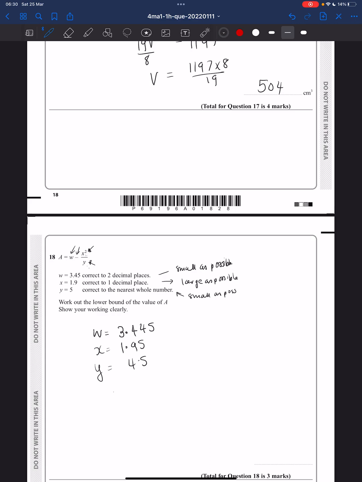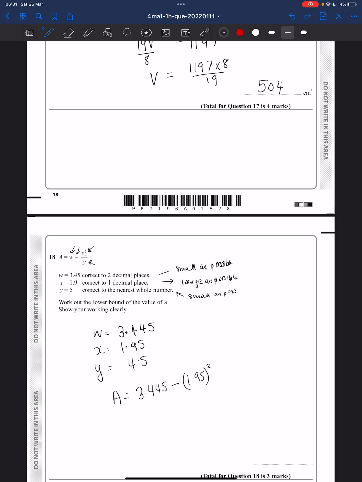Okay, and then the area is, we want, what's it? Lower bound. Yeah, so W is as small as possible, 3.445. Minus, and we want to take off as much as we can, so we want as big X, 1.95. I'm just double checking my thinking.